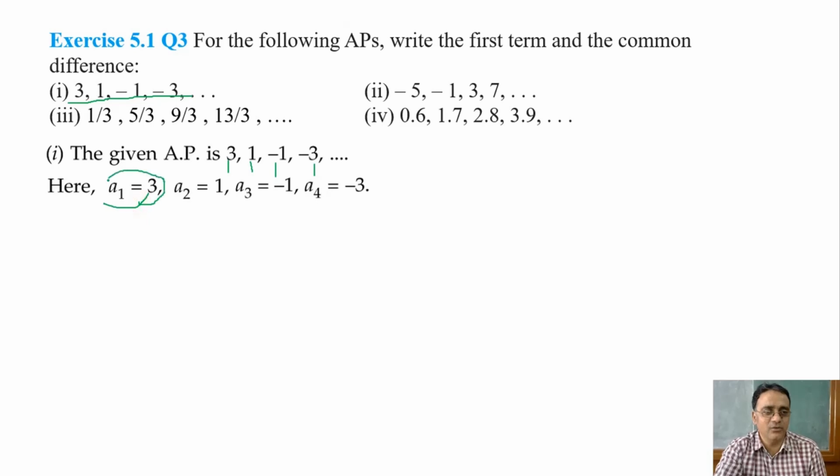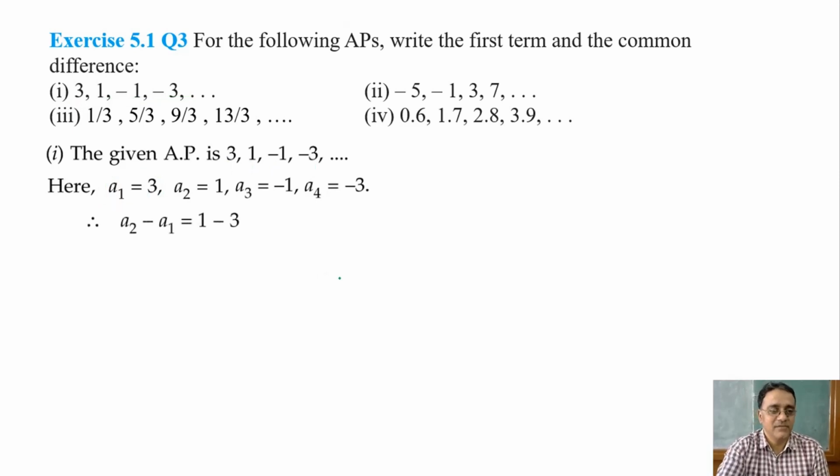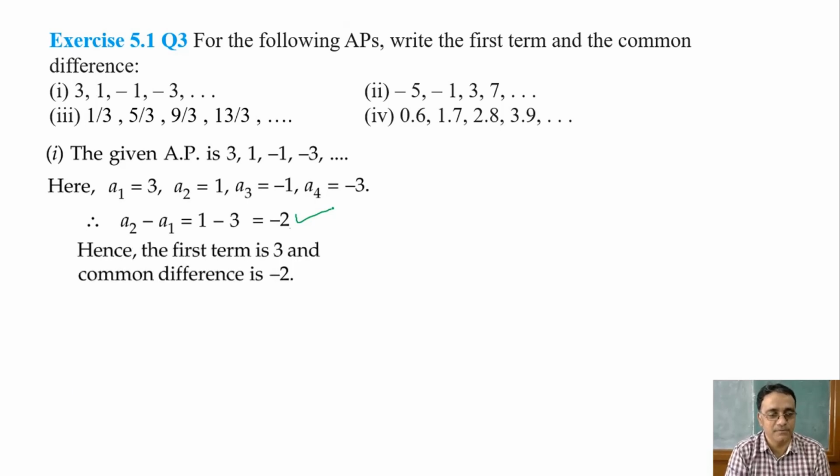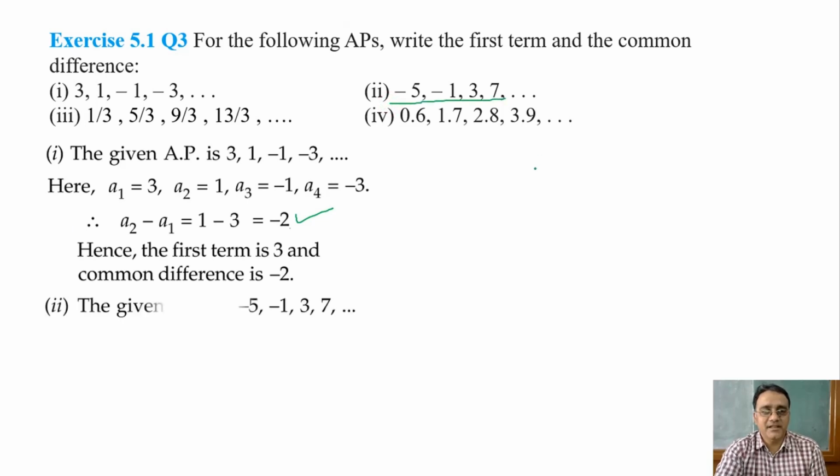And how will you calculate common difference? A2 minus A1, right. So 1 minus 3, what will you get? -2. So the first term is 3 and the common difference is -2. Any doubt? No, sir. Second question. -5, -1, 3, 7.